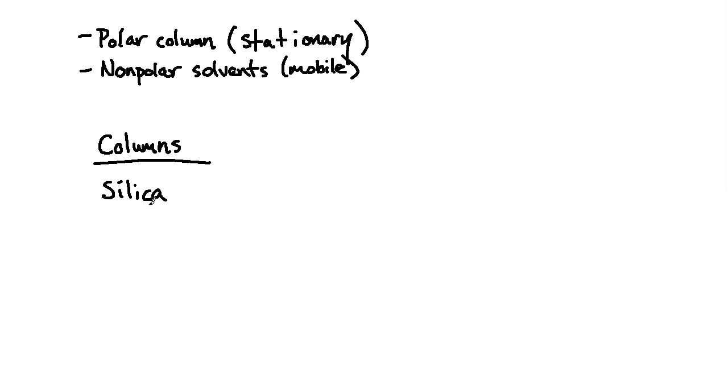So coming back to this, not just silica, but there are other options that we could use for modifying a silica base. Some of the functional groups that you might come across could include cyano columns. This would be when you have some sort of a cyano, which is also sometimes called a nitrile, modification onto a silica column.